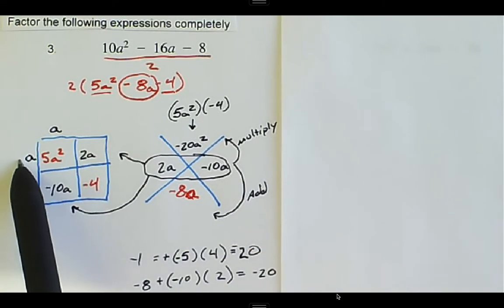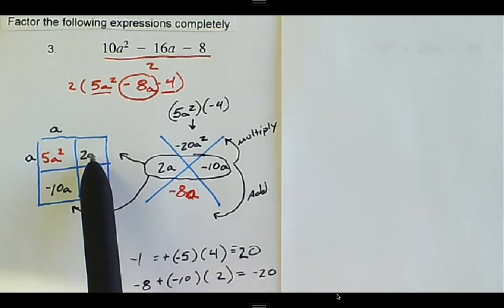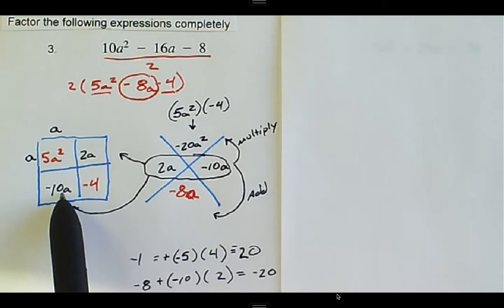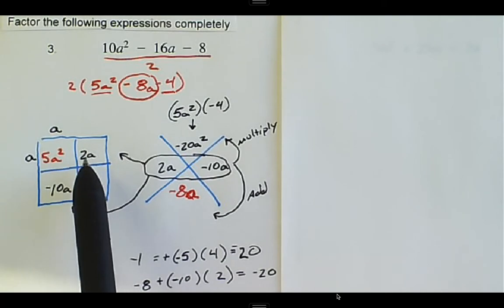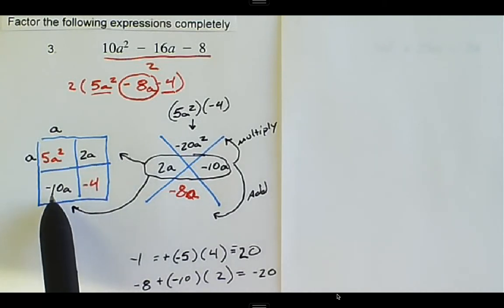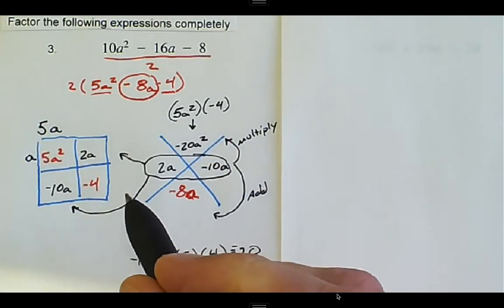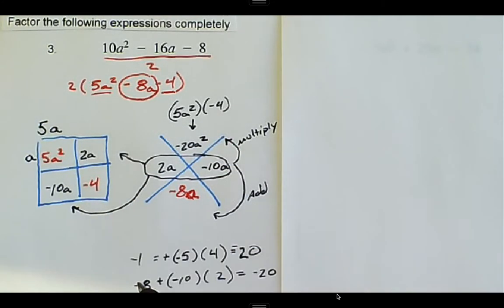So this term over here is going to get multiplied to make this, and this term is going to get multiplied to make this corner of the box. So you have to ask yourself, does 5 go easier into 2, or does 5 go easier into 10? So hopefully we realize that 5 goes into 10, so the 5 has to go up there, and then that's just a 1.